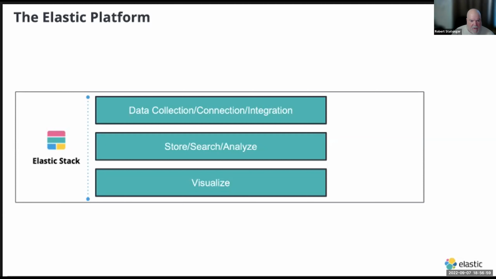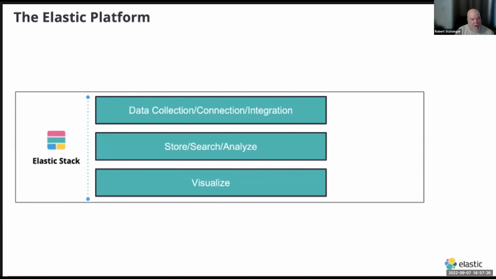And then that layer feeds into Elasticsearch itself, which is the engine that provides scalable, high performance search, store, and analytics. This is great for structured and unstructured data. It lives as JSON documents. It's great for geo. It's great for text.